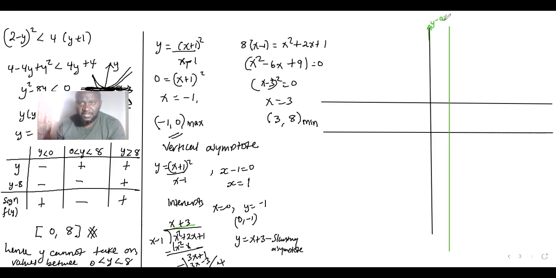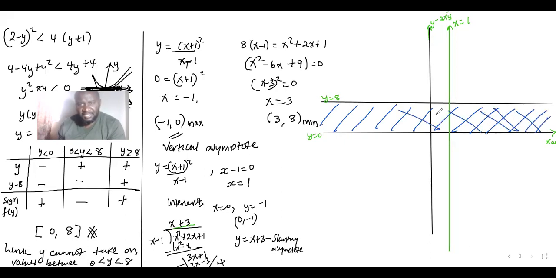I just want to be a little bit more perfect, but you don't need to have a ruler. This is x is equal to 1, vertical asymptote. This is y-axis. This is y is 0, and at the same time, this is the x-axis. But we have said in this region where y and x are positive, the curve does not think of passing there at all. I can shade there vigorously to show you that the curve can never think of crossing this region.